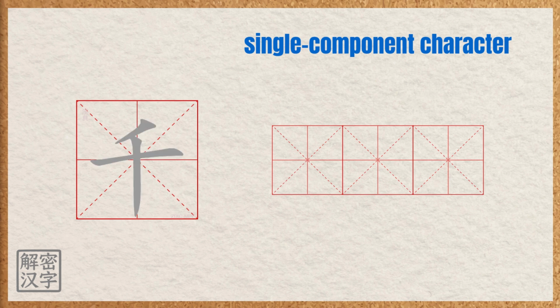First, draw a left falling stroke at the top of the grid. Next, write a horizontal stroke under the left falling stroke. Finally, draw the vertical line starting from the middle of the left falling stroke on the top, let it go straight down through the horizontal stroke to the bottom of the grid. Perfect! You write a beautiful character.